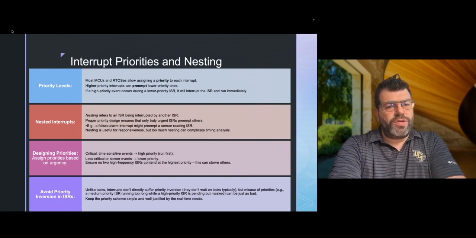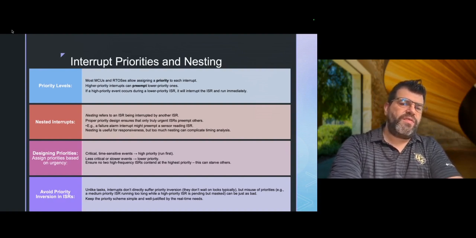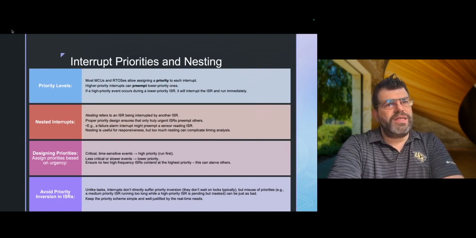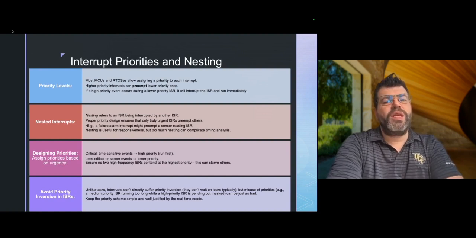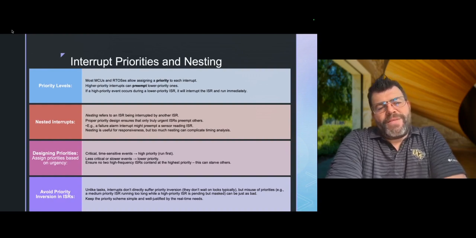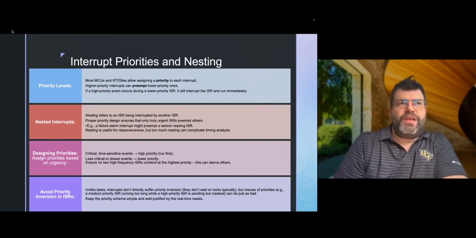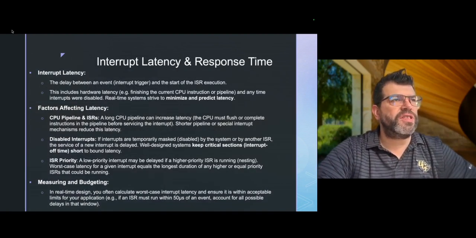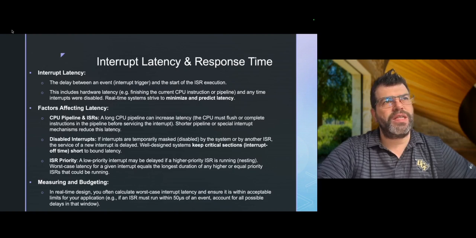So this is the idea of an ISR becoming interrupted by another ISR. Is it designed correctly? Have you designed these so that only the really urgent ISRs preempt others? Like if you don't, it can lead into some really interesting spaces. Again, if you start nesting or having ISRs interrupt ISRs, the complexity of understanding when something will run gets really difficult.